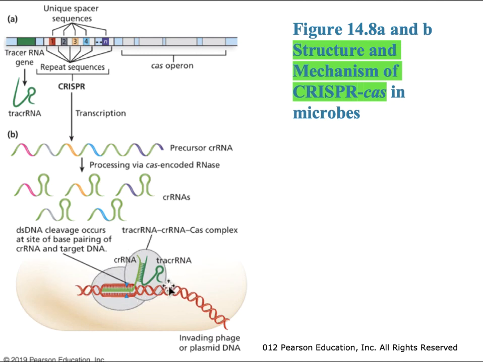The whole system comes together, and the CRISPR RNA from this region here has a common area that sticks to the tracer RNA, base pairs, and then it has a unique single-stranded region that's color-coded here that sits across the Cas9 protein. Then the Cas9 protein is ready to go hunting.